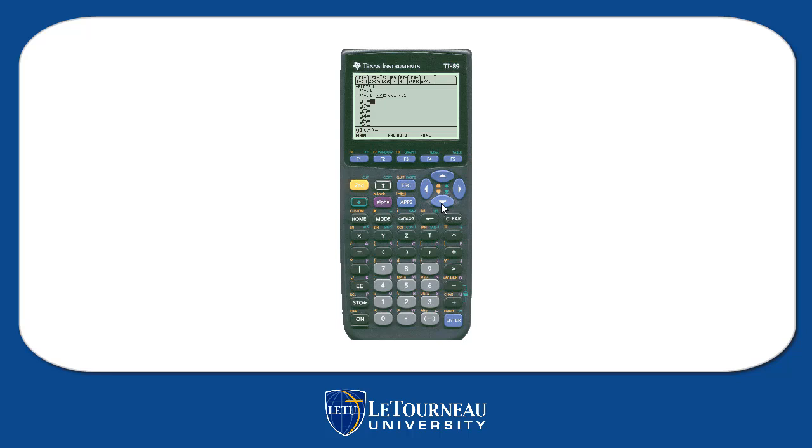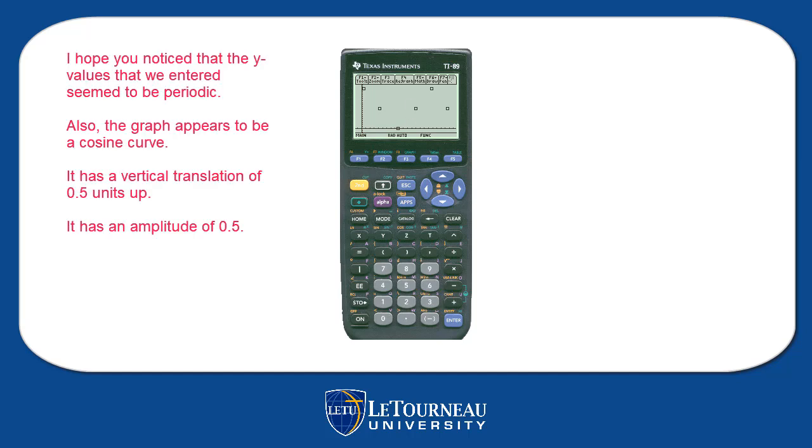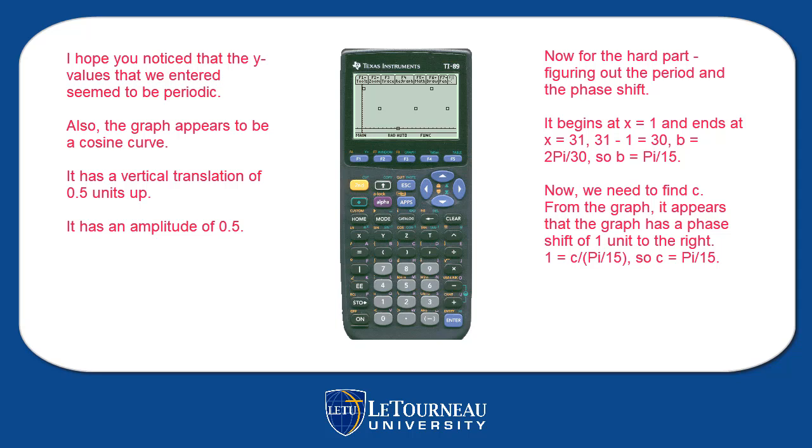Okay, but now let's go back here and hit F2 because we want a graph. And so we're going to zoom data, and there's our points. All right, looks like a cosine curve, don't you think? Seems to have a vertical translation of a half a unit, an amplitude of half.